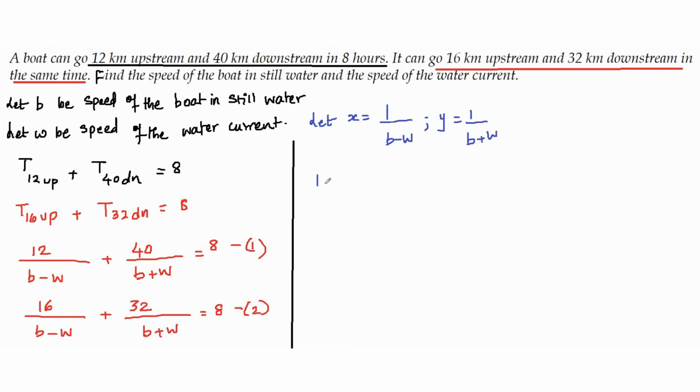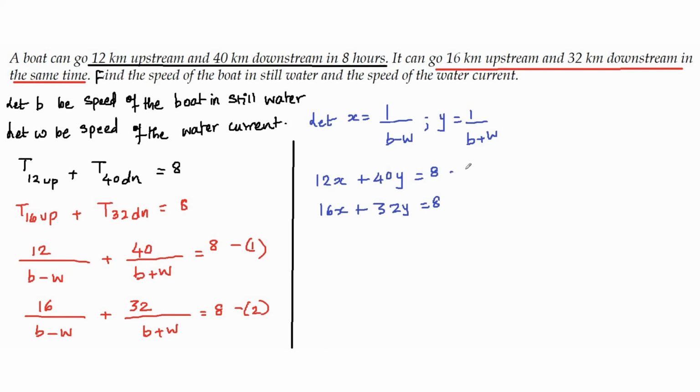Therefore the equations become 12x plus 40y is equal to 8, and the second equation is 16x plus 32y is equal to 8, right? So now it's possible to simplify these equations even further by simply dividing them by 4 or even by 8 in some case.